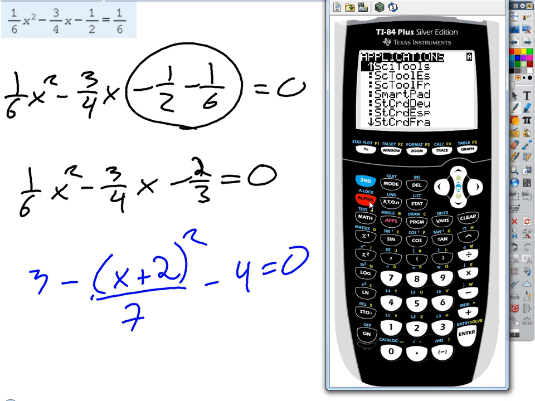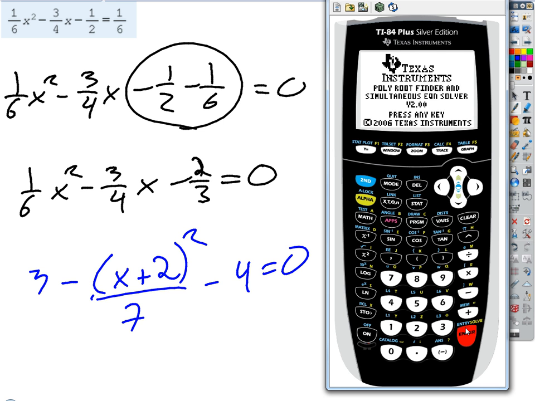So I'll go alpha P, because it starts with a P. PlySmlt2. Ugly name, but good app. PlySmlt2. The poly part means polynomial solver, and you don't know it yet, but this is a polynomial.